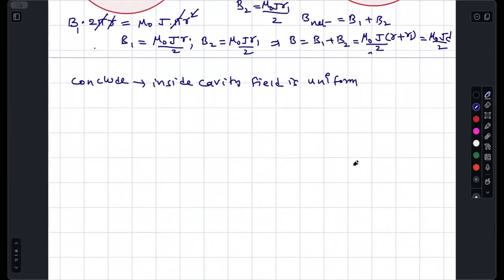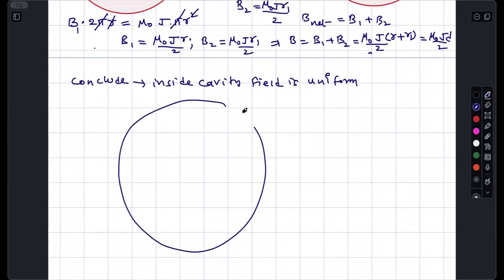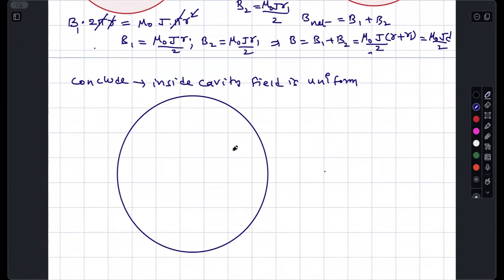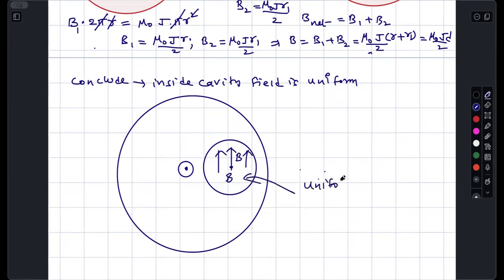So hereafter, if we have an arrangement like this, and if you have the cavity like this, and if we have outward current carrying conductor here, at the center, only due to the outward current carrying conductor, the field is upwards. So the field inside is uniform. So how to identify the direction of the field? Depends on the current in the remaining portion.